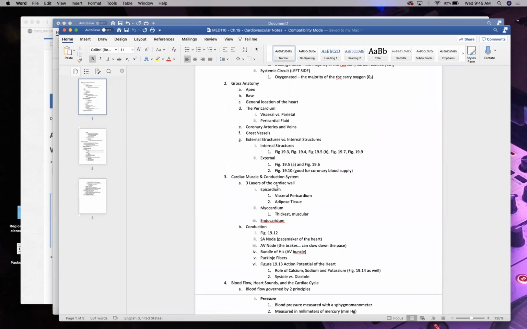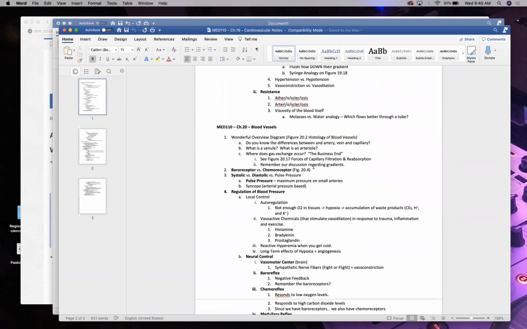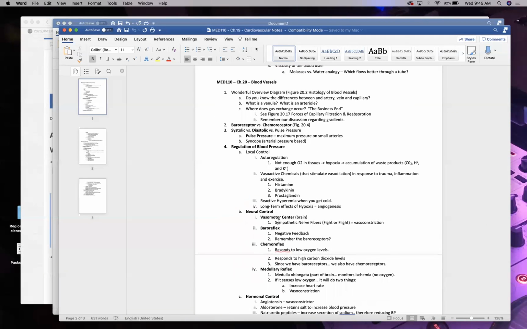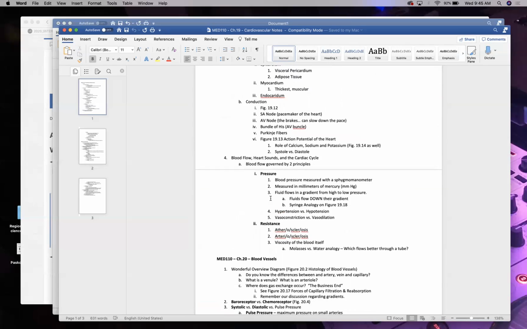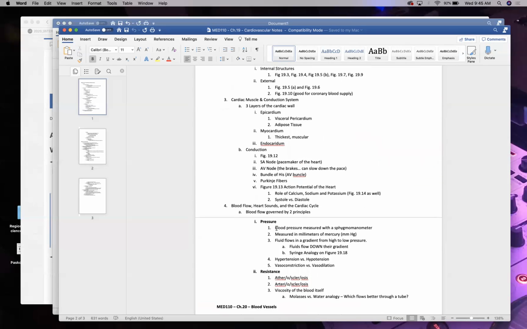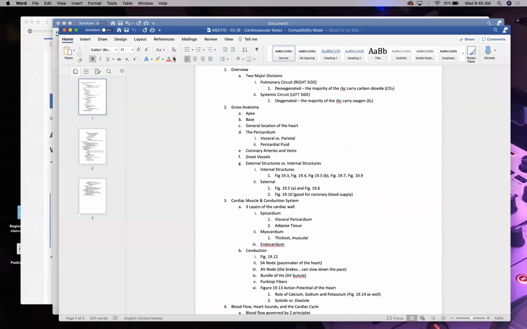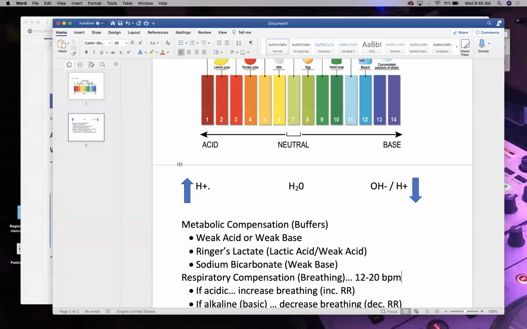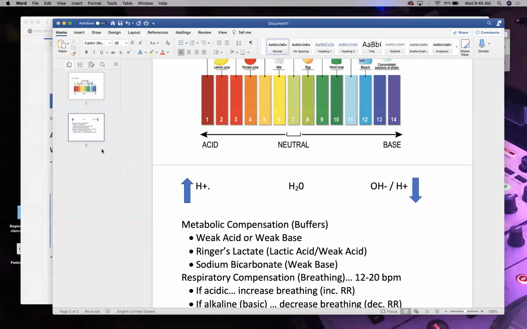But this is all well and good, but what's better? And also here, the difference between arteries and veins. Now, if you're in a pinch between cardiovascular and this blood stuff, hit the cardiovascular first. That has higher yield.